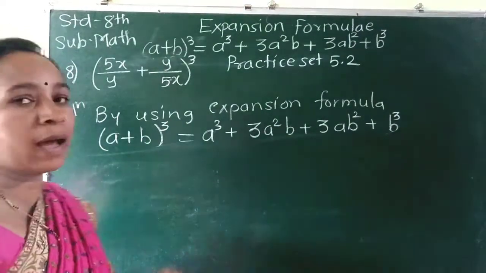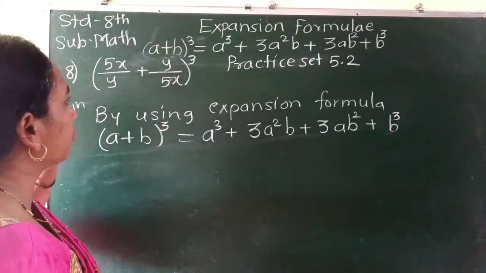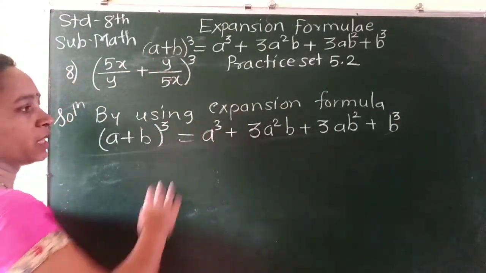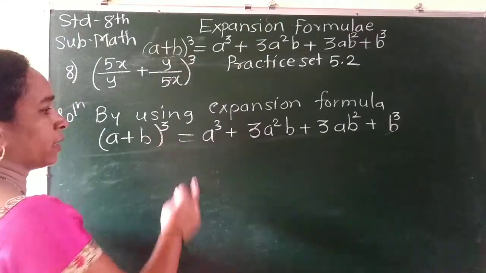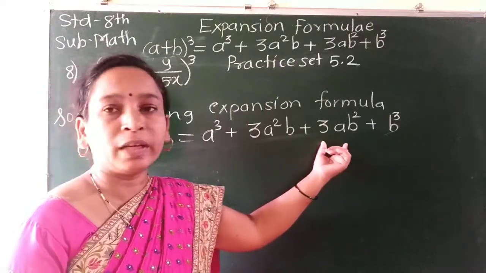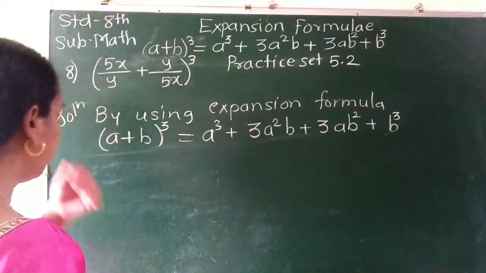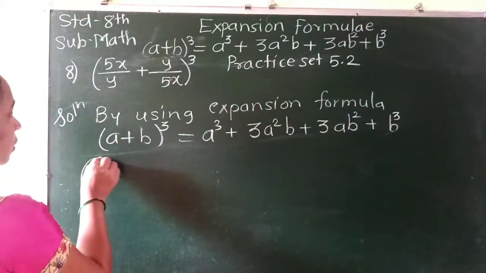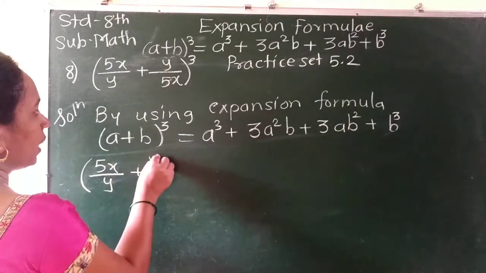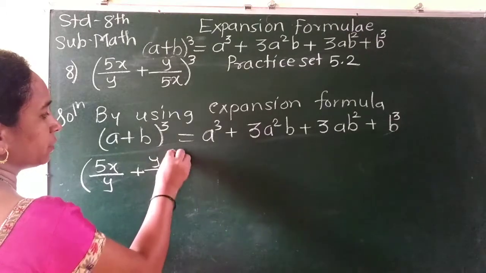8th example and last example, (5x/y + y/5x) bracket cube. By using expansion formula, (a + b) bracket cube is equal to a cube plus 3a square b plus 3ab square plus b cube. Put the values. 5x/y, this is a's value. y/5x is b's value.